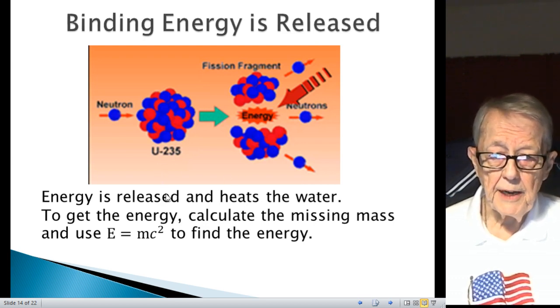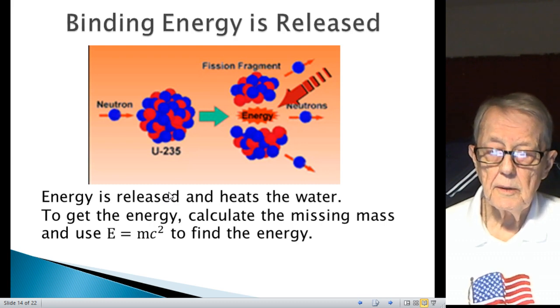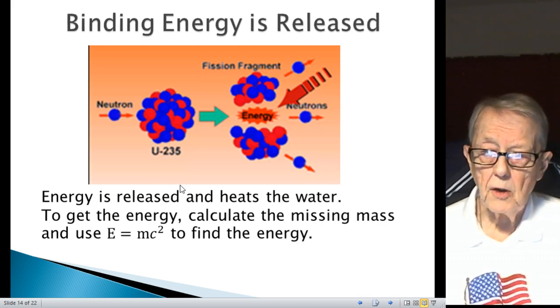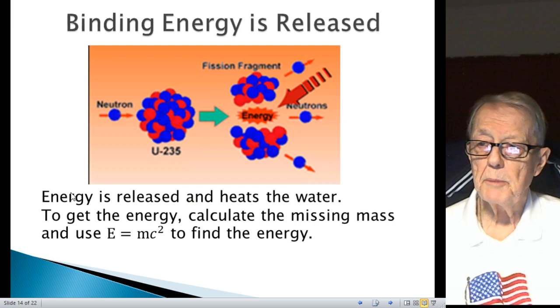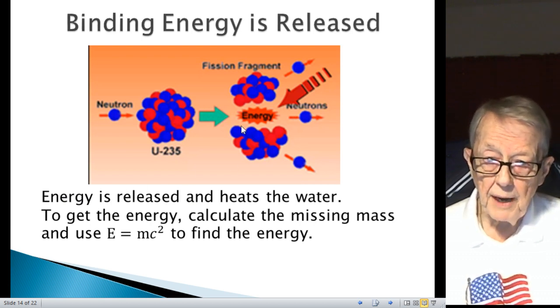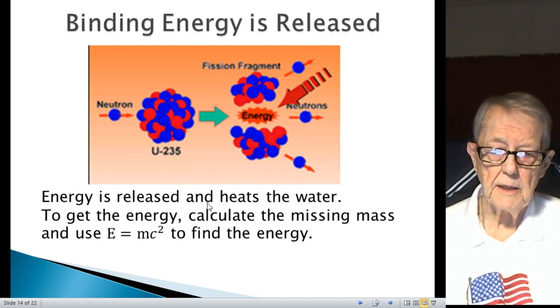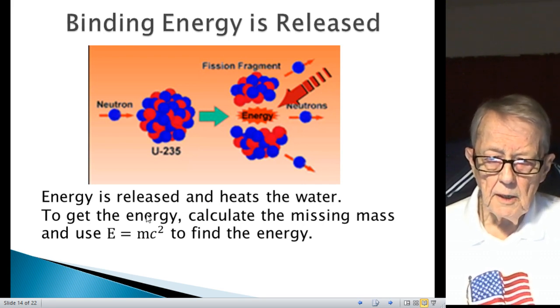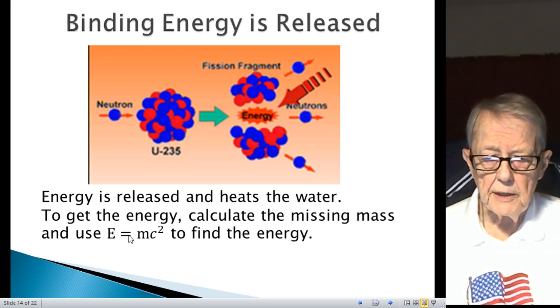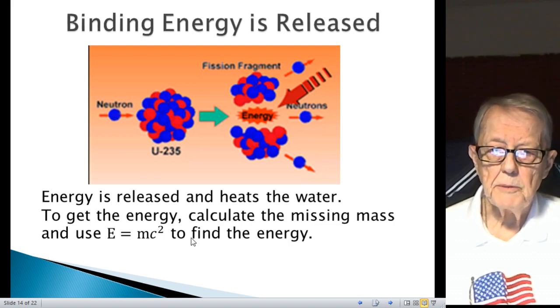And they claim that the energy heats the water. That's never explained. I looked all over the internet. No one explains how energy, as a general concept, even binding energy specifically, heats water. No explanation. But they get the energy using the calculation E equals mc squared.